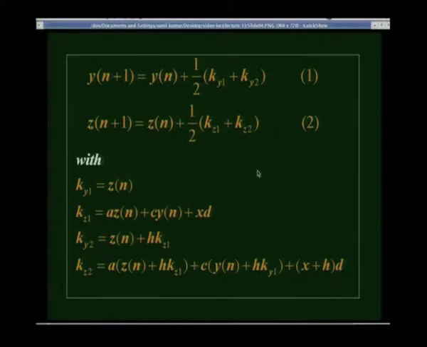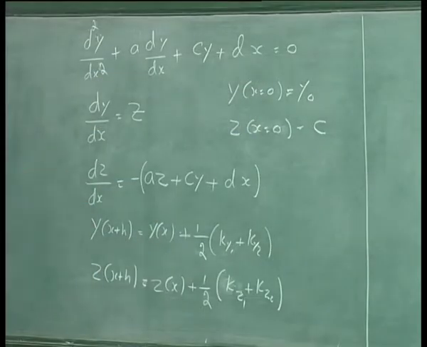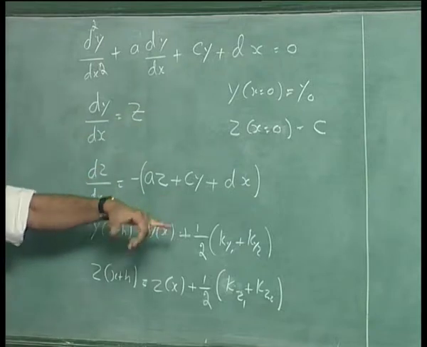So now the question is, what would this ky1 be and how do we write it? Remember the z next step is z plus kz, and the y next step is y plus ky. Let's compare this with the first order equation which we wrote.